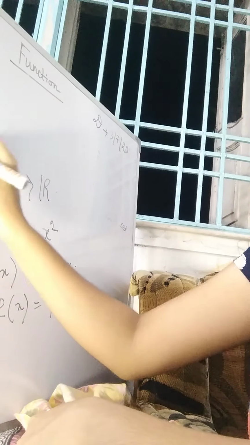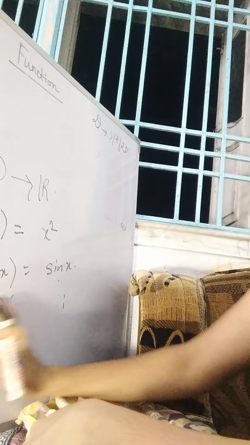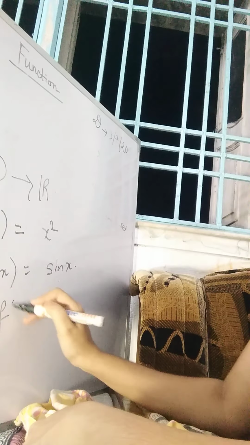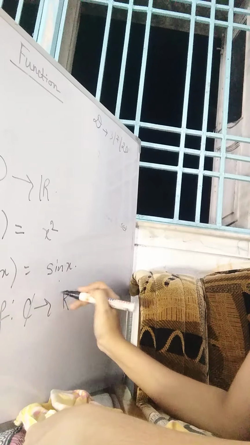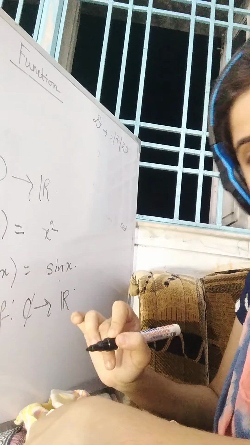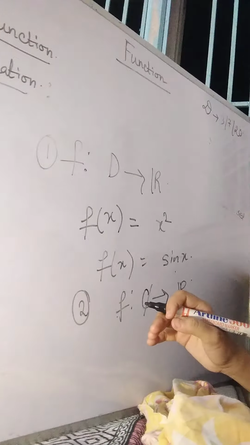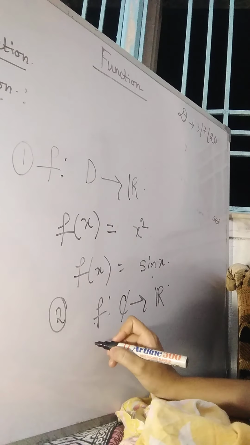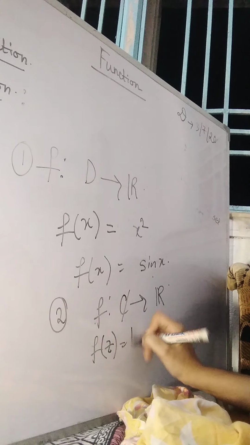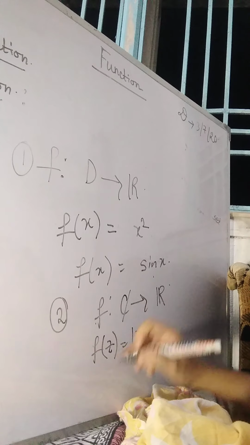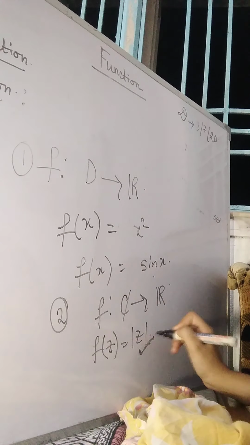The second example is f, a function from C to R, that is, from a complex number to a real number, such that f of z equals mod z, that is the modulus of the complex number.